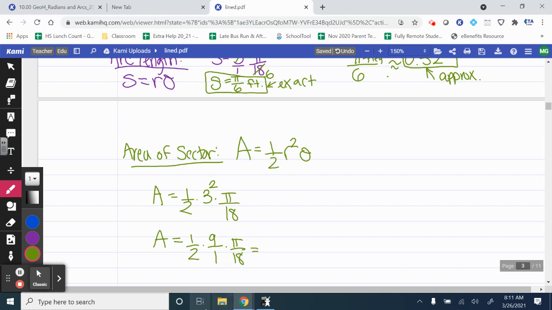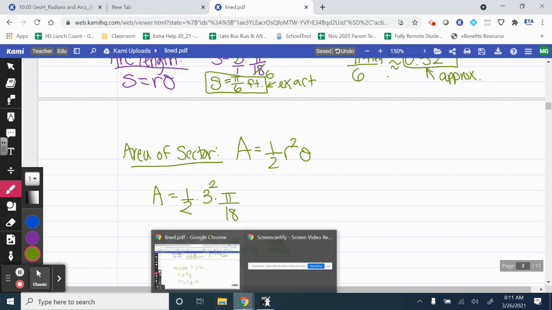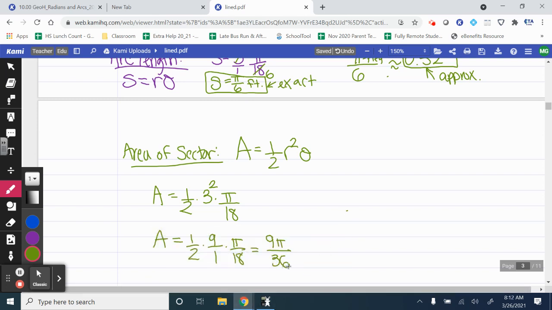Or, since I cross reduced last time, I'll show you how to just multiply across the top. 1 times 9 times pi is 9 pi over your 2 times 18. Then you just reduce your fraction. We've got 9 over 36, and 9 goes into 36 4 times. So that would be pi over 4. This is in feet and it's area, so it would be feet squared.